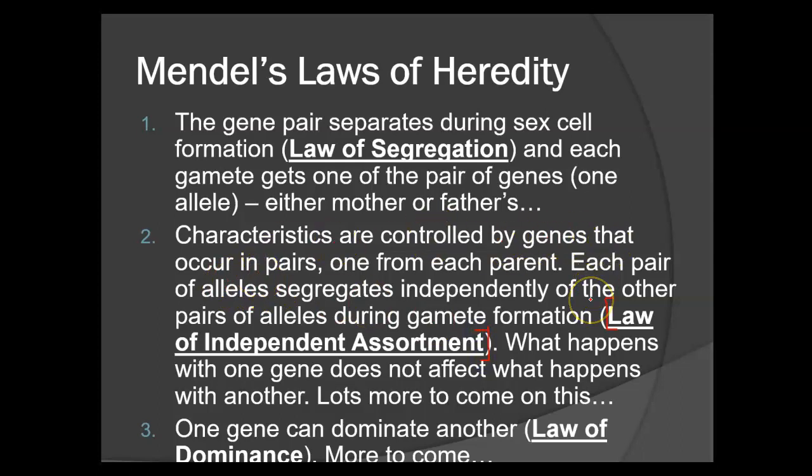Characteristics are controlled by genes that occur in pairs, one from each parent, and each pair of alleles segregates independently of the other pairs of alleles during gamete formation.